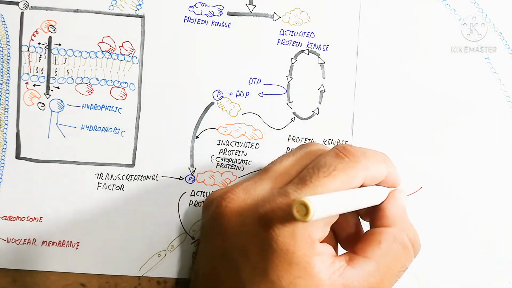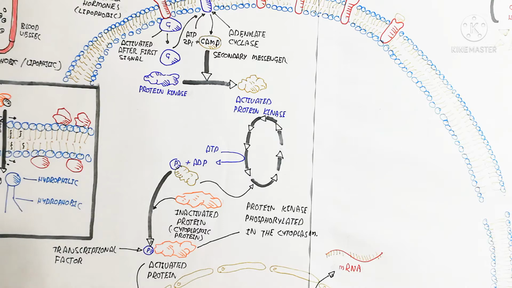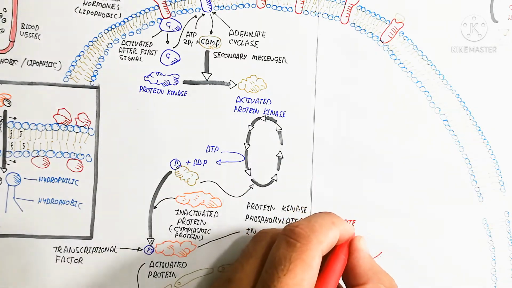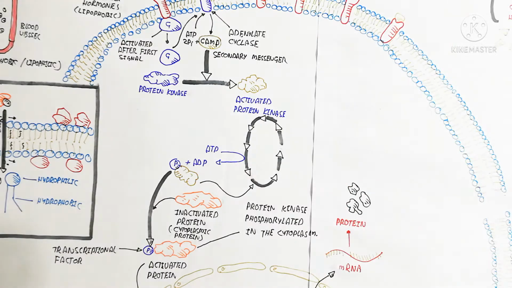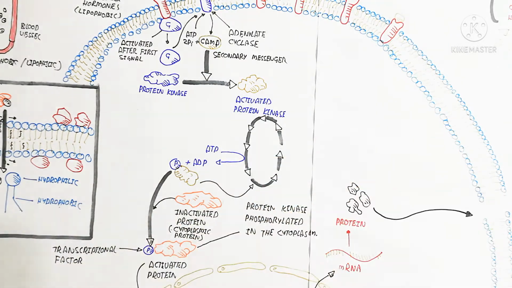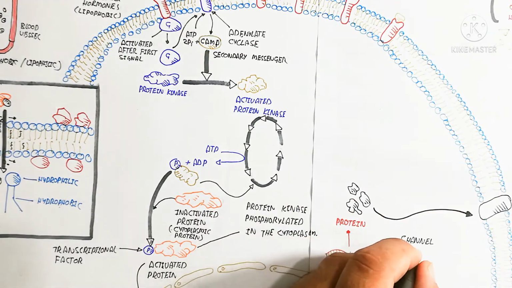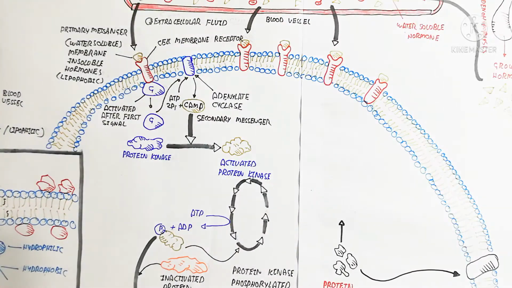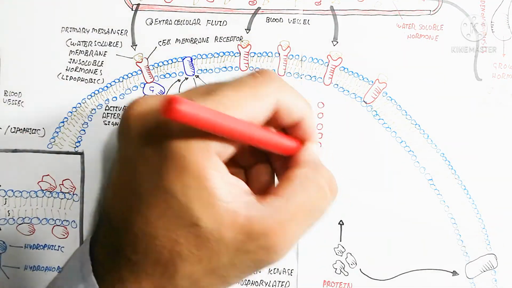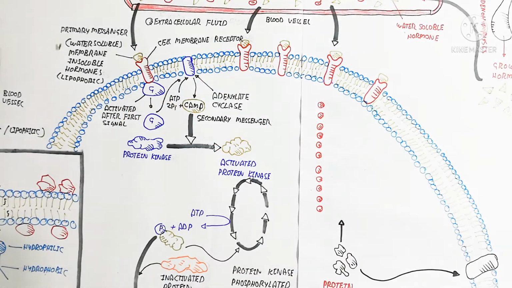This transcription produces the messenger RNA, and this messenger RNA will go into the cytoplasm to produce protein by the translational process, which we are not covering in this video. So this protein is useful for plasma membrane development and channel protein production, as well as export into the blood vessel for production of other things.